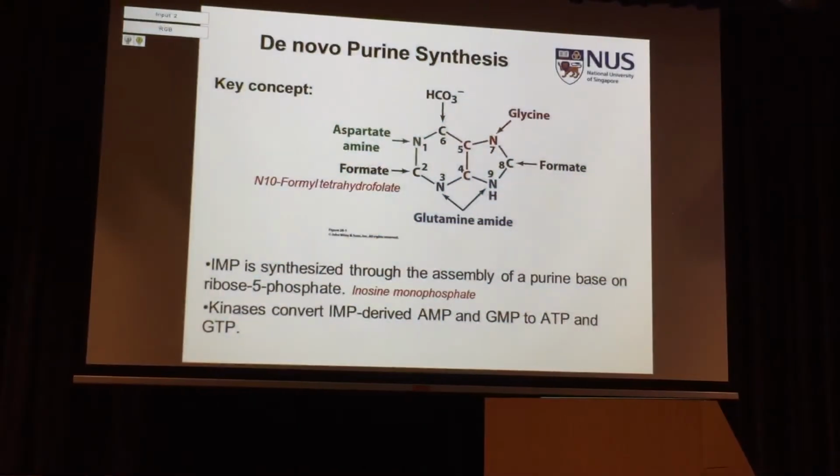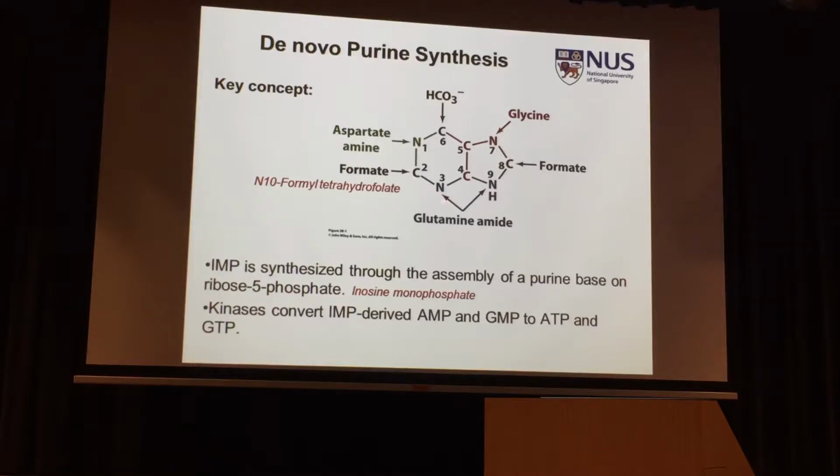So this CHO group is donated by the precursor called N10-formyl tetrahydrofolate on both sides of it. And then at the bottom here, this nitrogen is donated by the amino acid glutamine. And finally, you have the amino acid glycine.